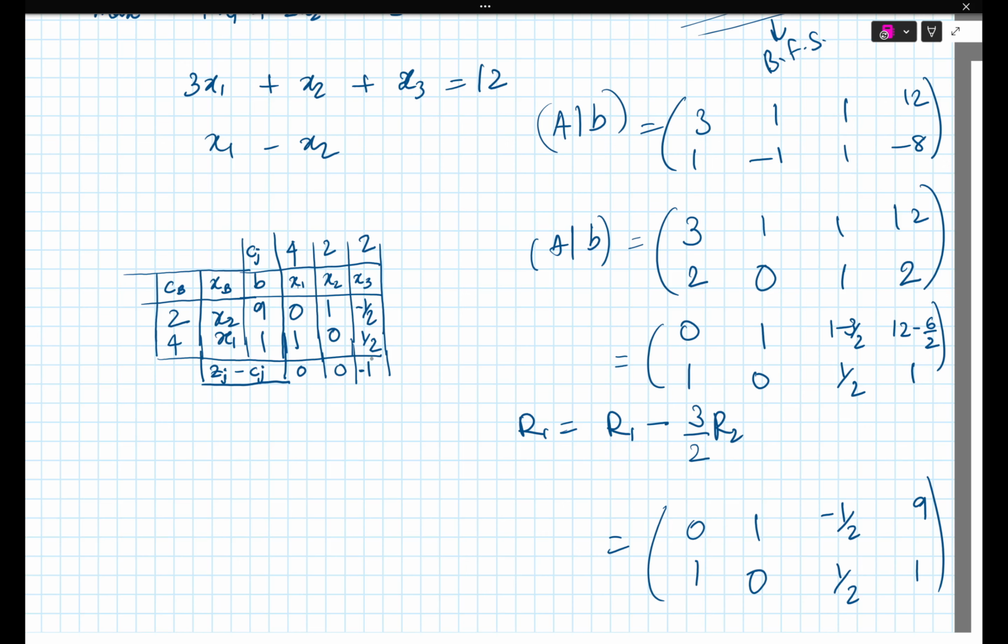So that means this we need to change. So we compute the other value, which is b by a_ik.